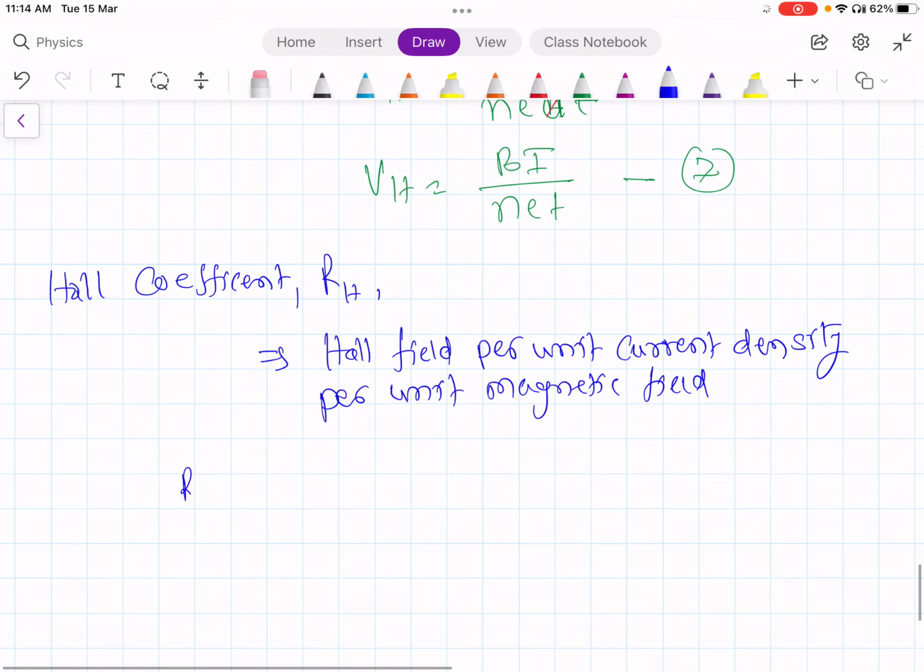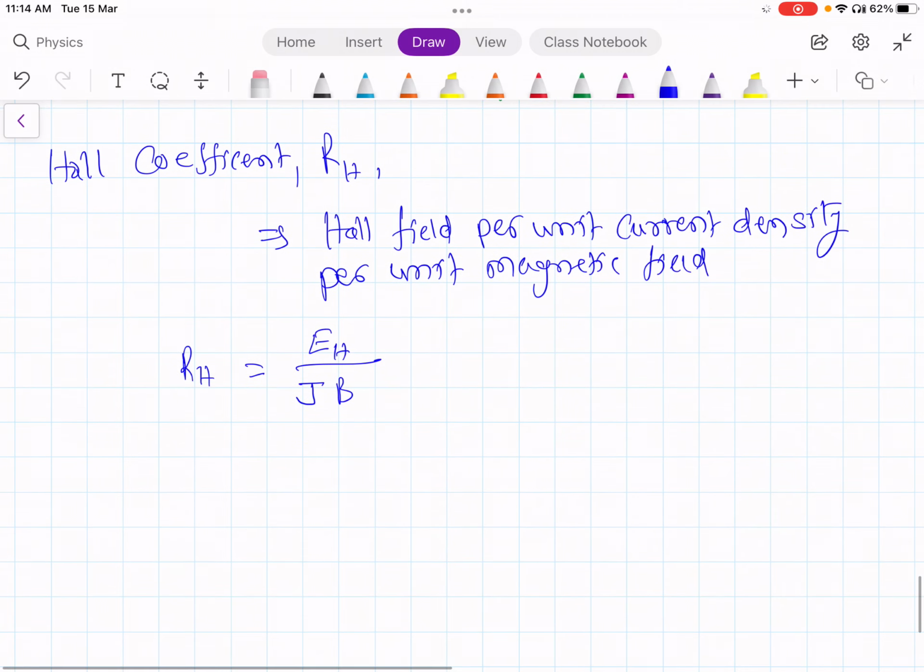It means this RH equals Hall field, denoted by the letter EH, divided by current density J and magnetic field B. That equals EH upon J B, and EH is VH by d.